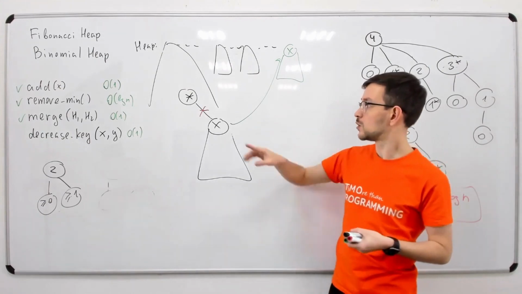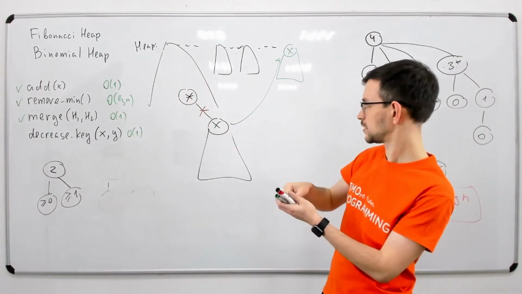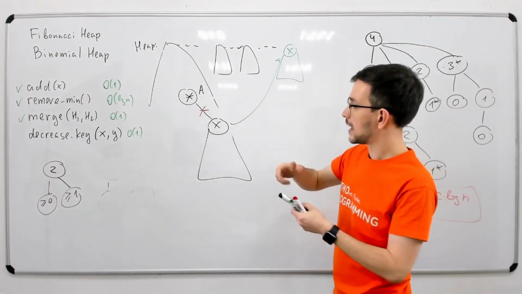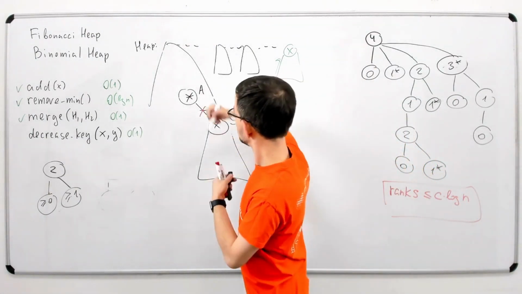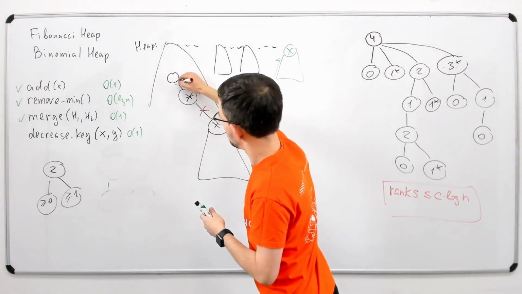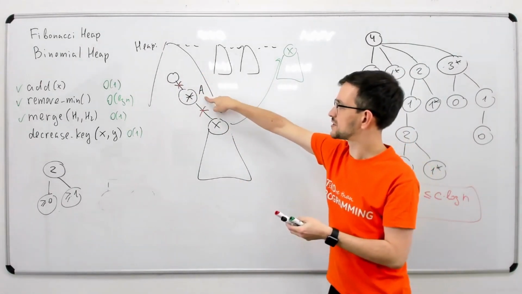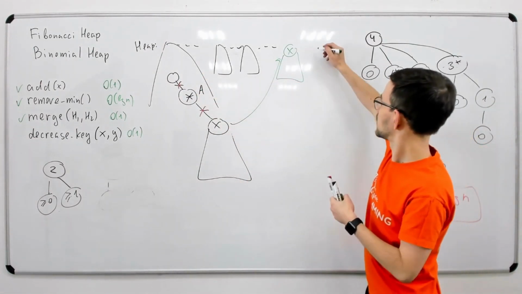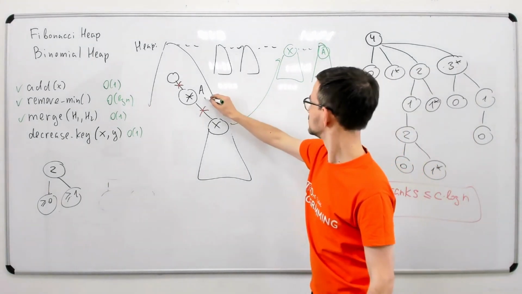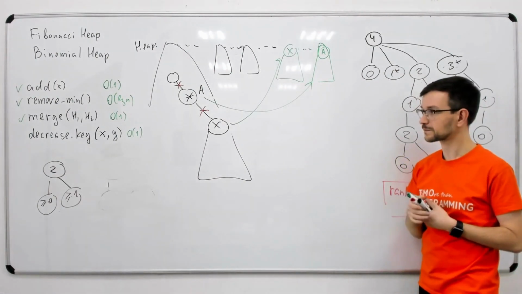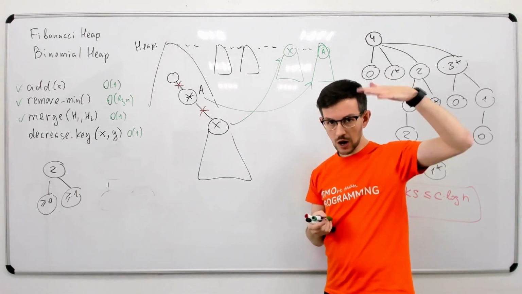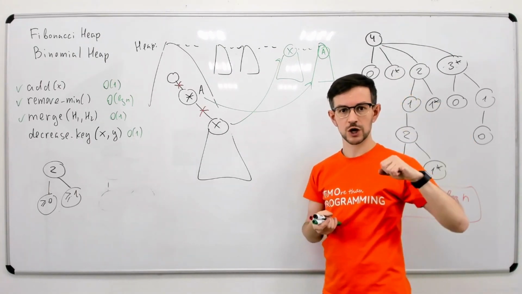So what we do, we just take this tree and detach it from its parent. Remove this, and move this A to the root list as well. And so on. Now we go up the tree until we reach some vertex which has no mark.